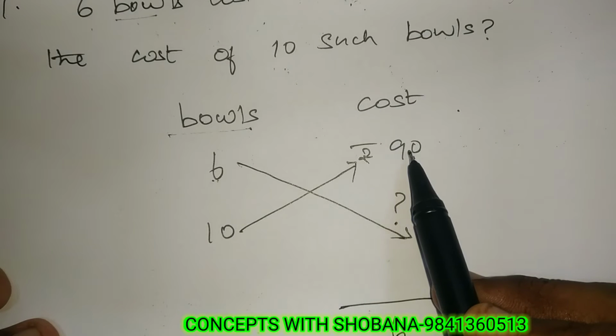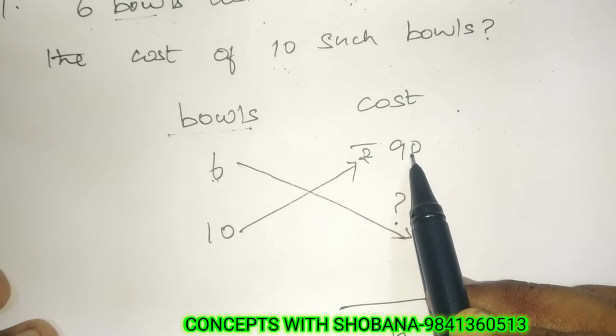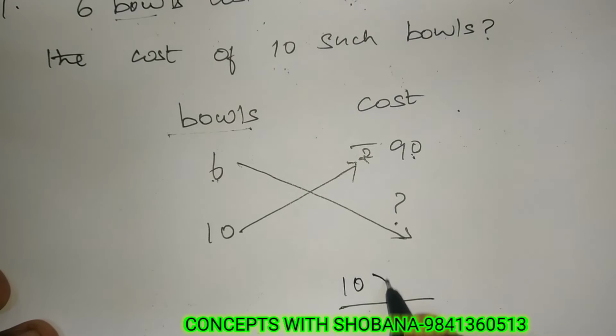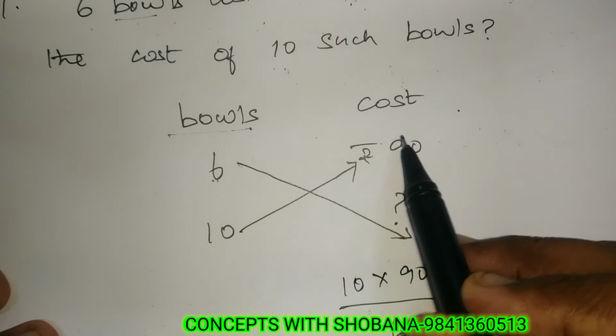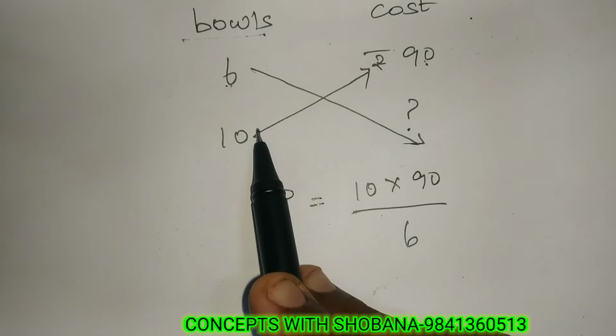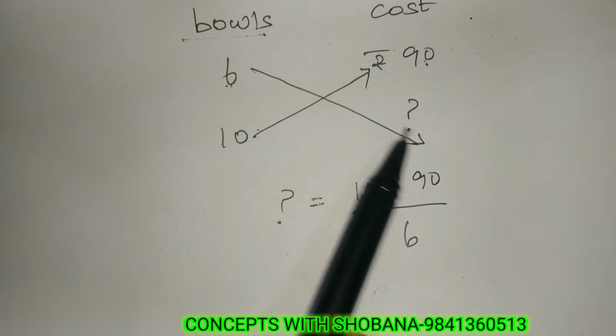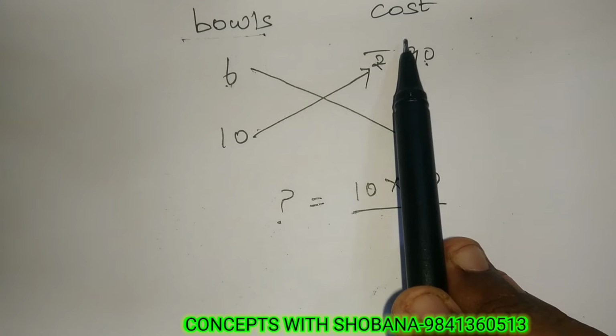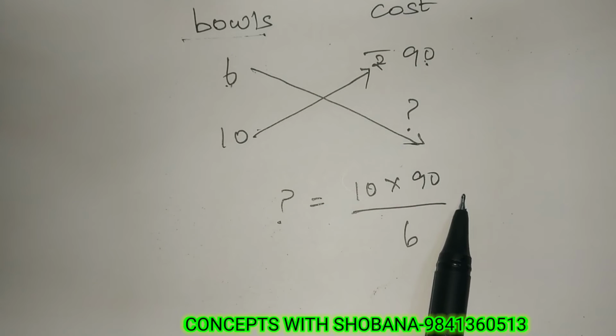The upward arrow denotes it is in the numerator. Just multiply the upward arrow numbers. That's all, simple, it is done. So the question mark is equal to, as I said, the downward arrow is in the denominator and the upward arrow is multiplied in the numerator.